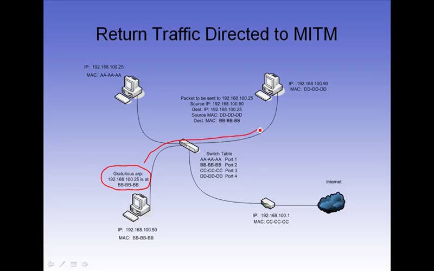So this is going to go through the switch over here to this machine. And again, this machine is now going to put this into its ARP cache. And again, I'll abbreviate. So any return traffic that's destined for .25 is going to be sent to MAC address BBBB, because that's what's in the ARP cache when the packet needs to go out.